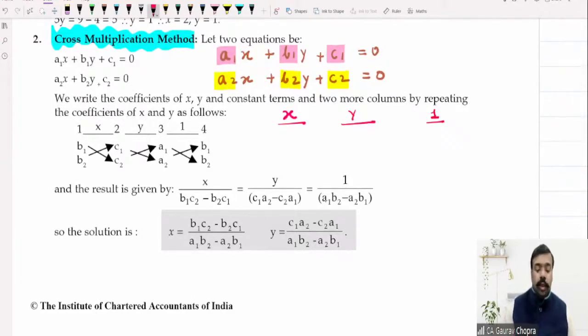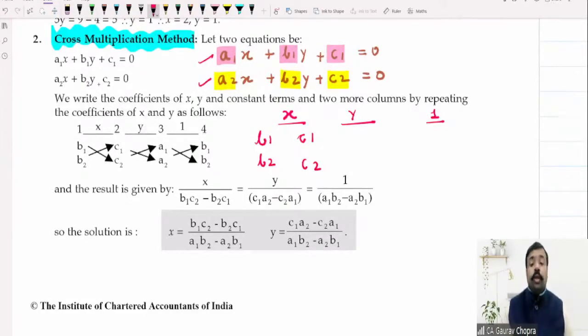So for x, we know that the coefficient of x is denoted by a. So skip this a and use b and c. We skip the coefficient of x and take the other values: b1, b2, c1, c2.